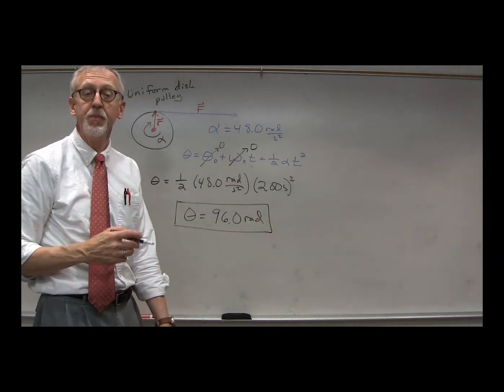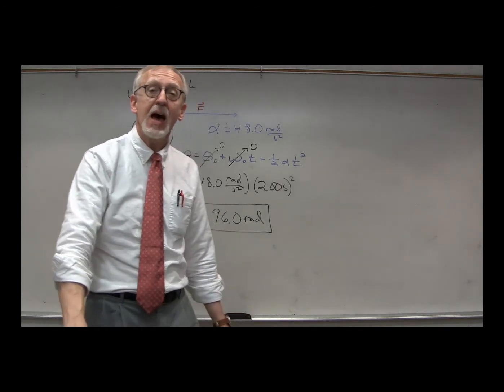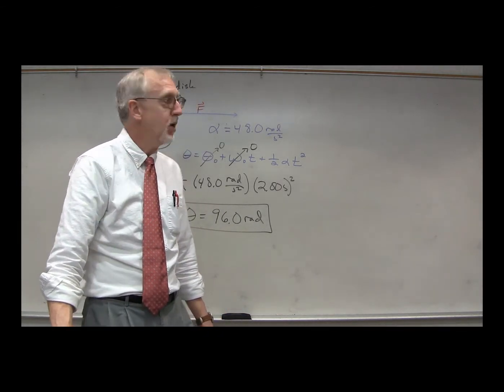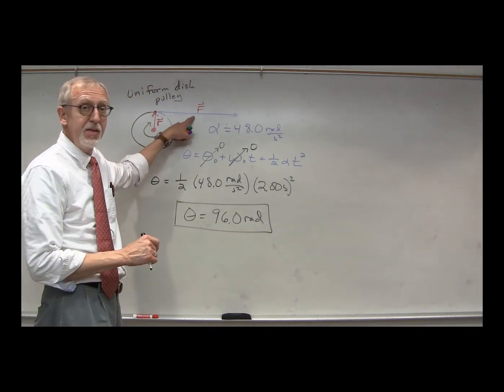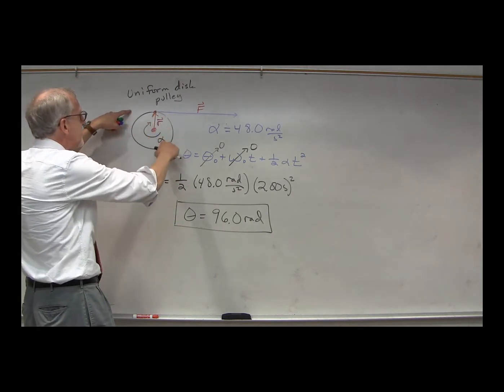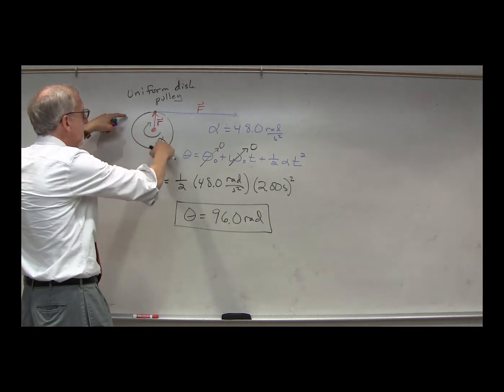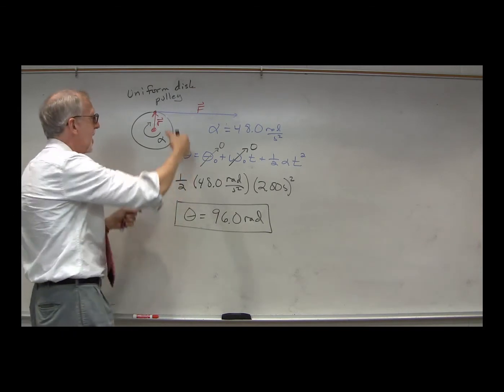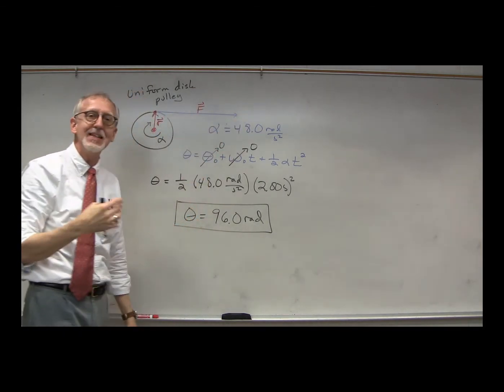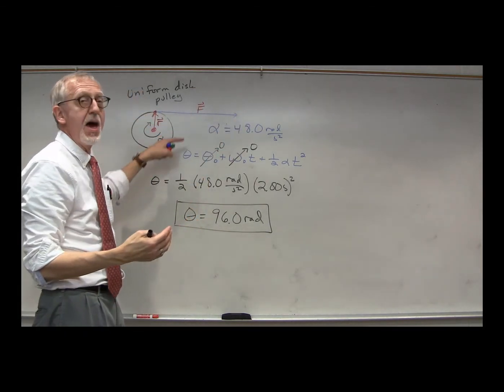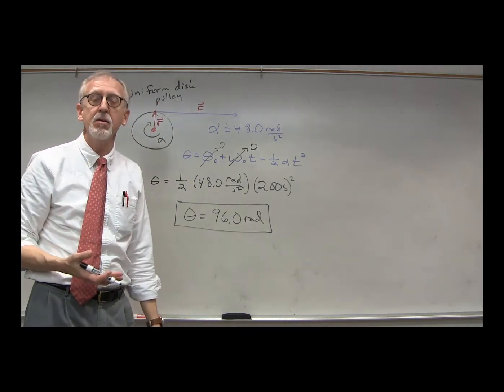There we go. Now, what about that last question? How much string has been pulled off? Well, the length of string that has been pulled off is basically the distance around the wheel that the wheel has rotated as the string is pulling off, so that distance is the same as the arc length around the wheel.